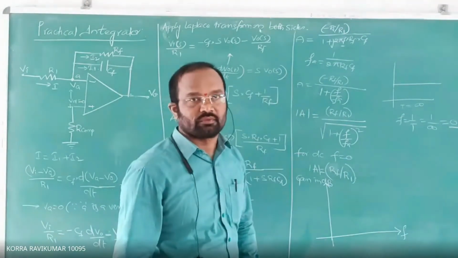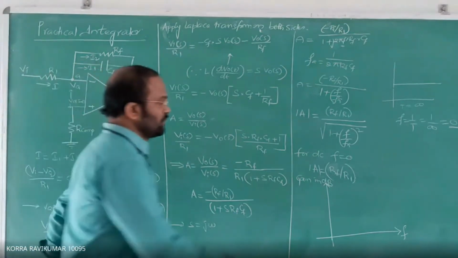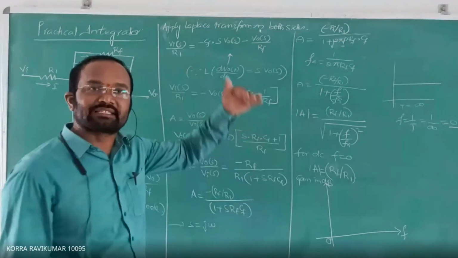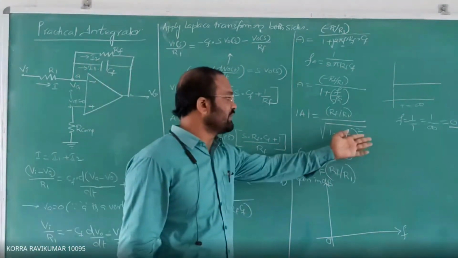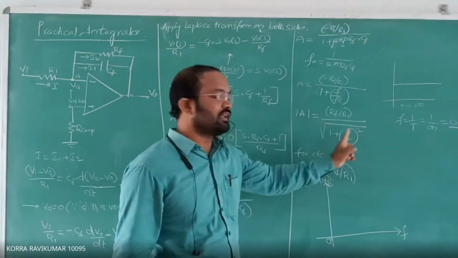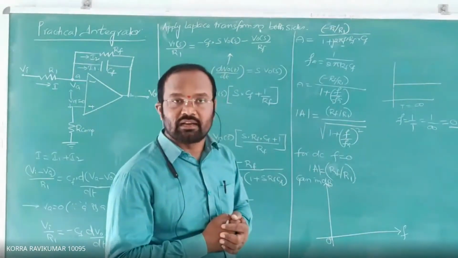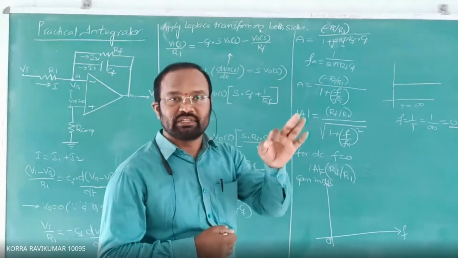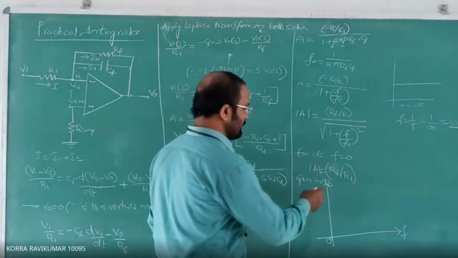At frequency equal to 0, the value of gain is maximum, because in the denominator the value is 1. If frequency is 0, the denominator value is 1, and in the numerator Rf by R1 is there. If you know the Rf and R1 values, then that will be the gain. So the gain will be maximum.